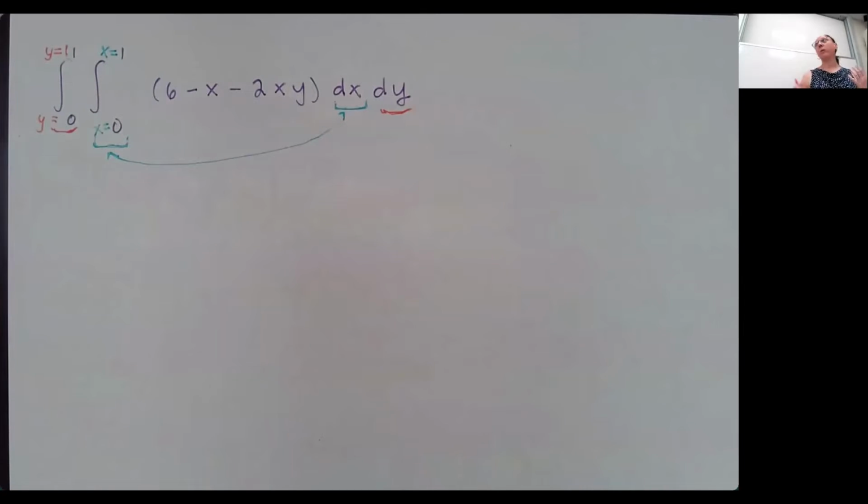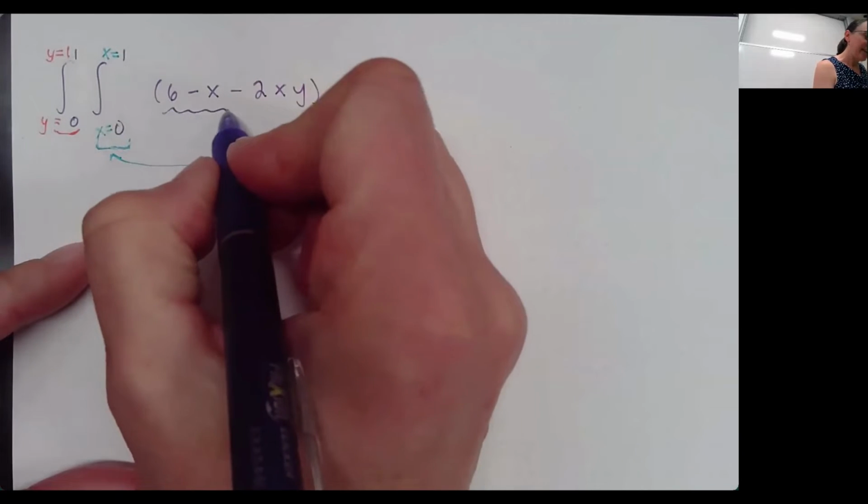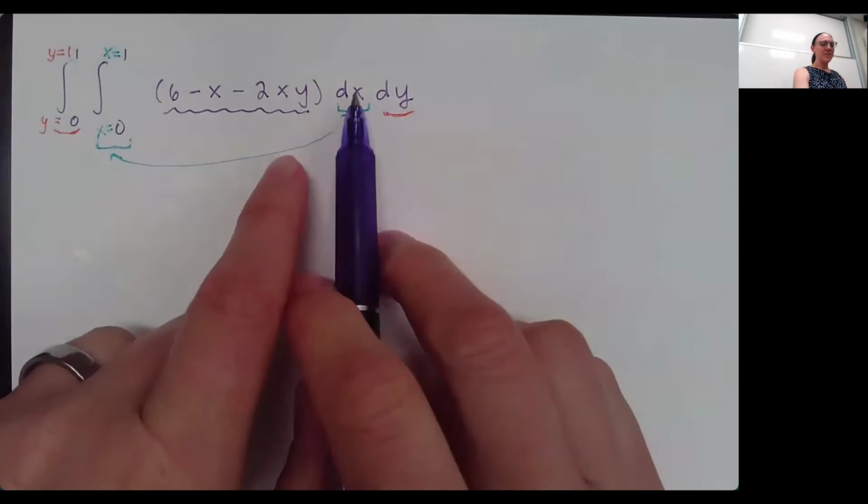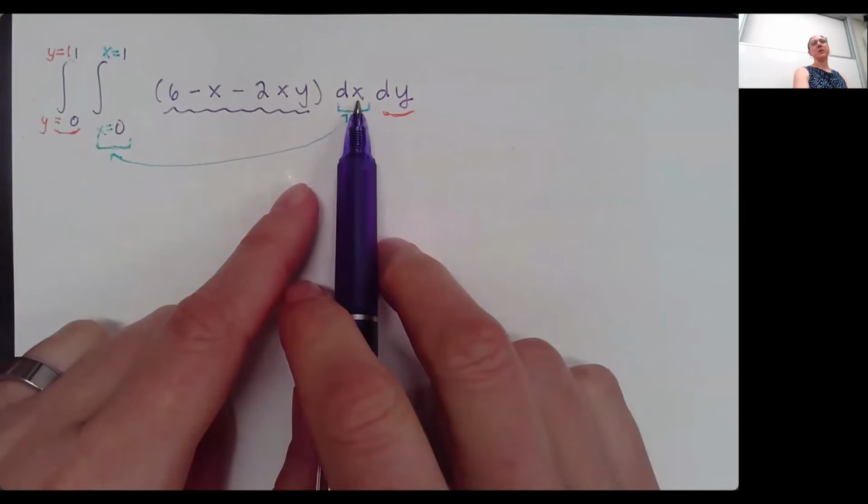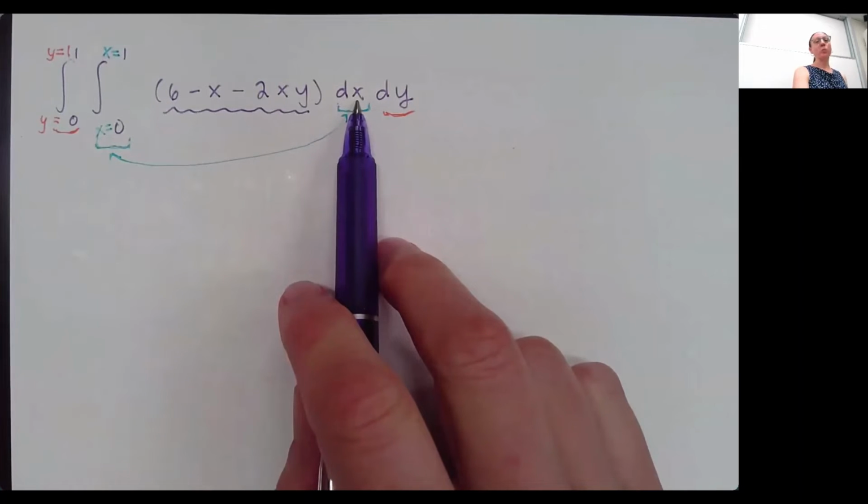And mechanically, when we work through a double integral, we start on the inside first. So my first step is going to look at this entire piece and integrate with respect to x, which means anytime I've got a y in there, we're treating y as if it's a constant.